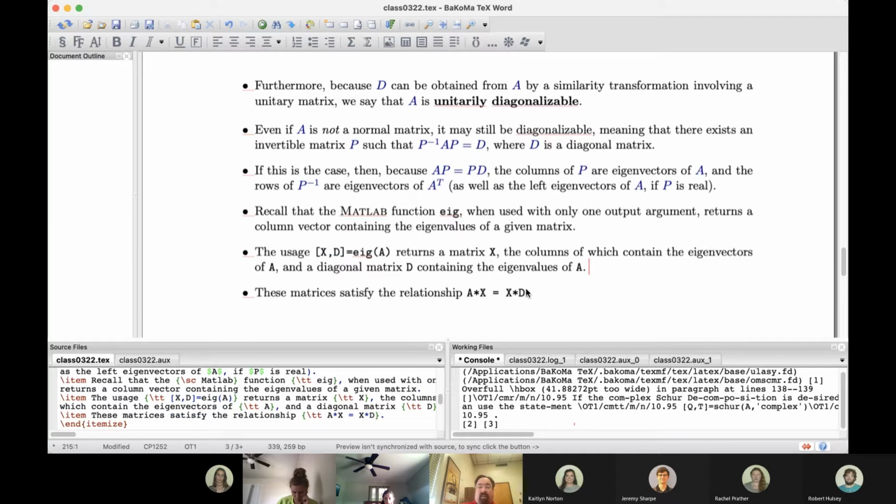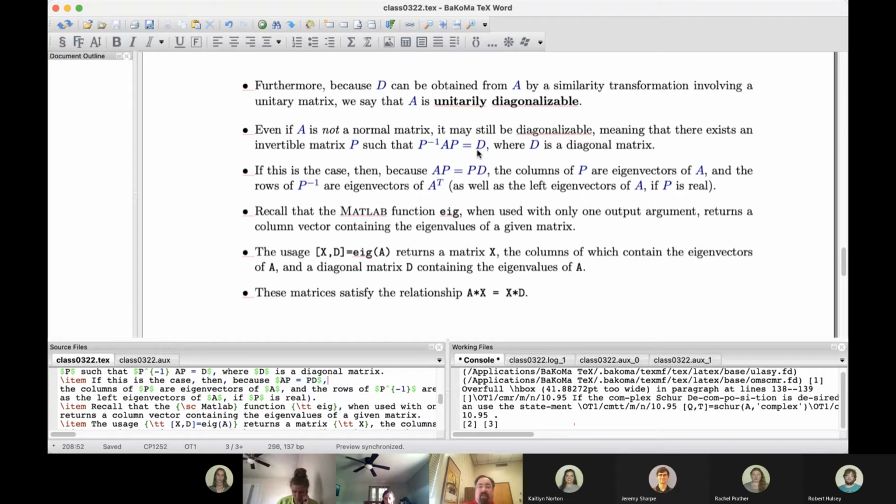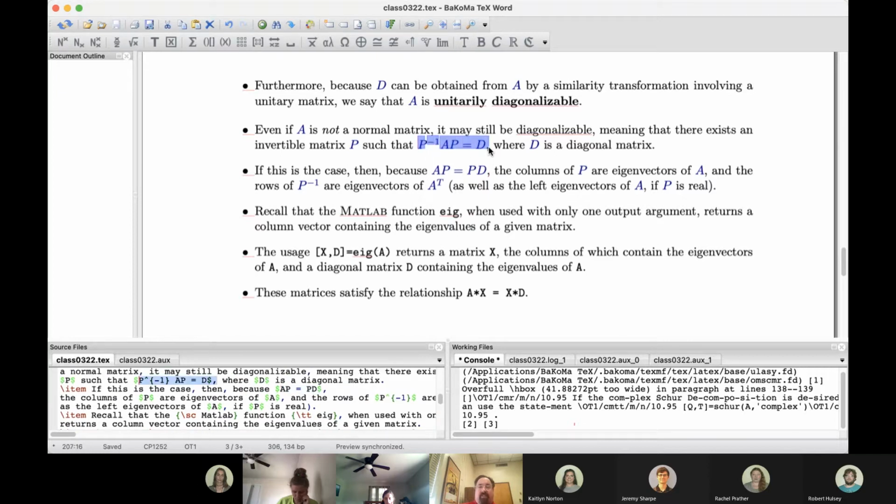So then you can say that, except for round off error, AX is equal to XD. But what I want to point out is you have this relationship. You do not necessarily have this, because the matrix X produced by eig might not be invertible, in the case where A is not diagonalizable.